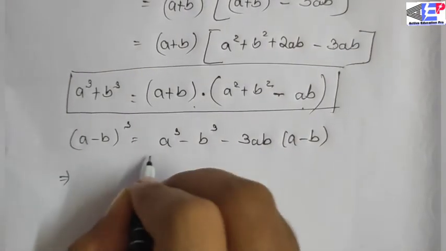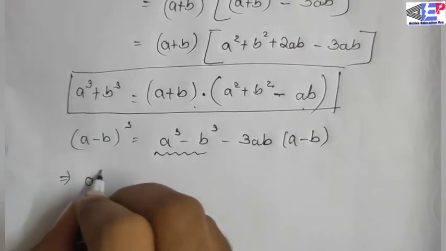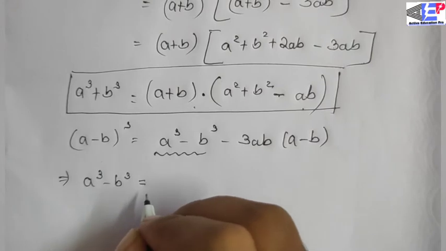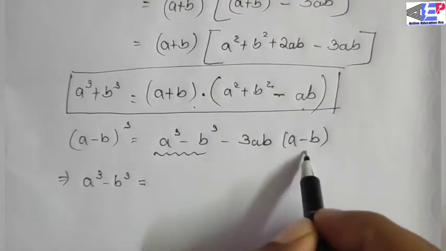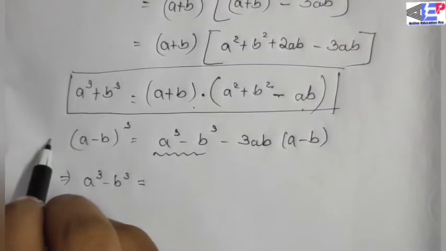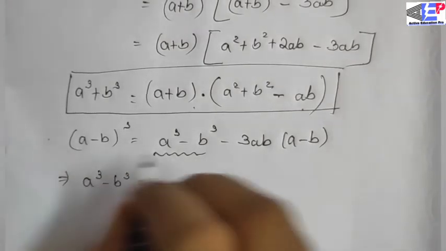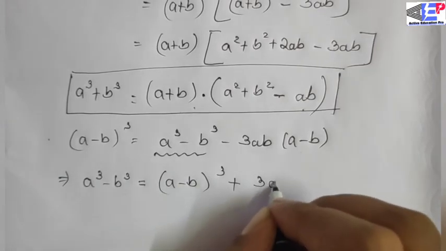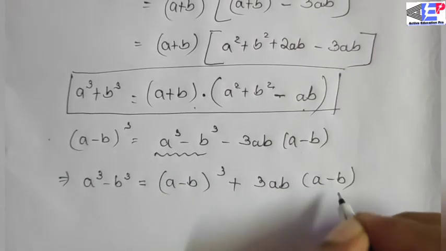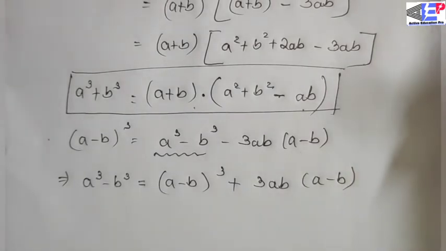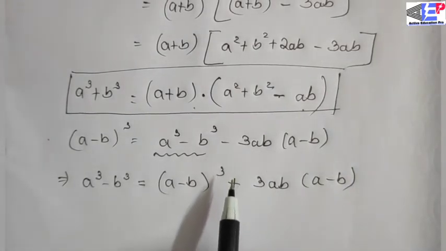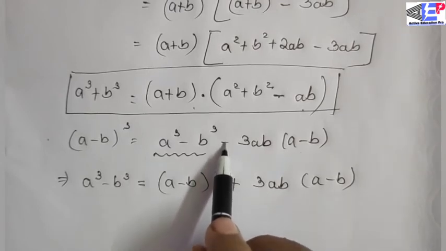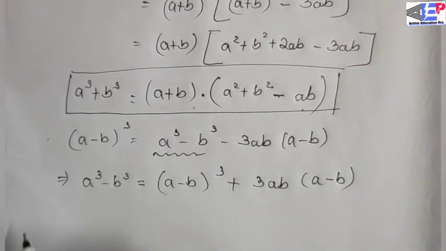Then we need a cube minus b cube, so keep it the same and transfer this term to the other side, the left side. It will become (a minus b) whole cube plus 3ab into (a minus b). Similarly, as I shared before, just change the sign of terms, not factors.